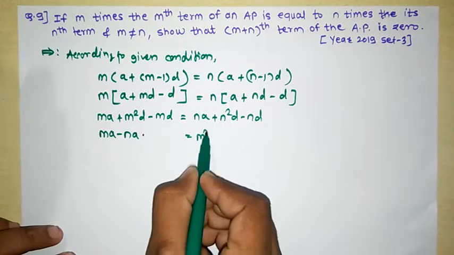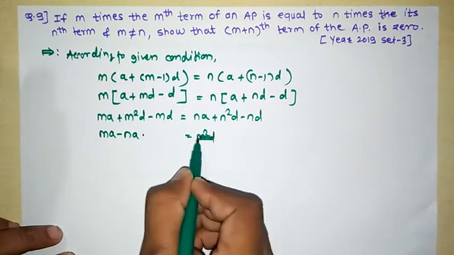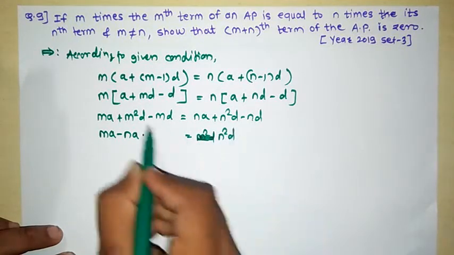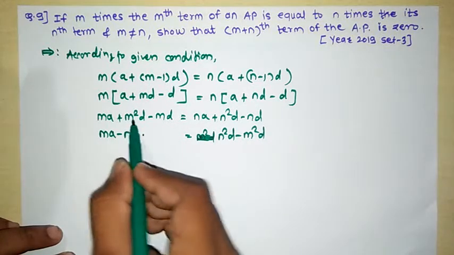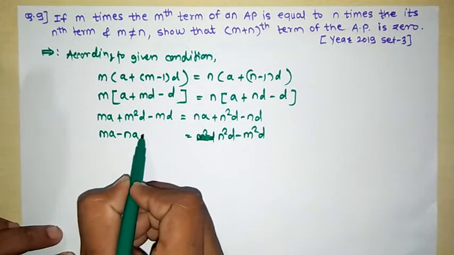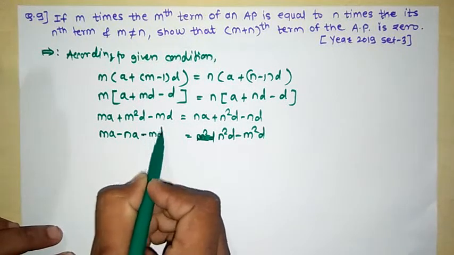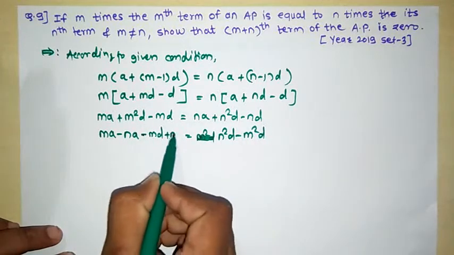If it is positive here, when we take it towards the right hand side, it will become negative. So n square d minus m square d. Now minus md as it is. Now we will take this minus nd towards the right hand side, it will become plus nd.